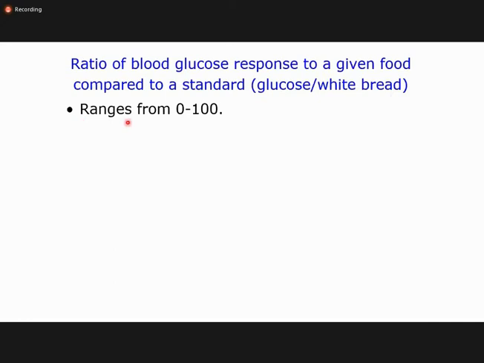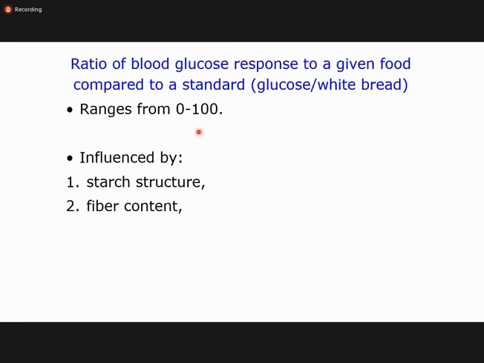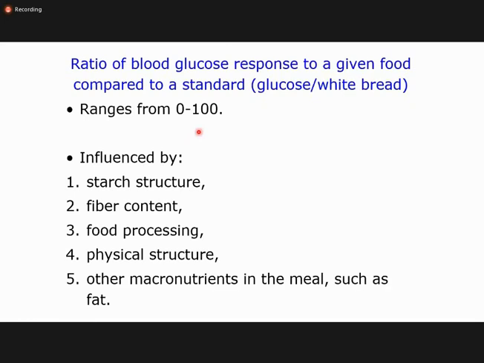Now, the glycemic index, as it's a ratio that we multiply with 100, ranges from 0 to 100. It is influenced by the starch structure, how much complex carbohydrate is present, what the fiber content of that food item is, whether the food item is processed or raw, and what its physical structure is.